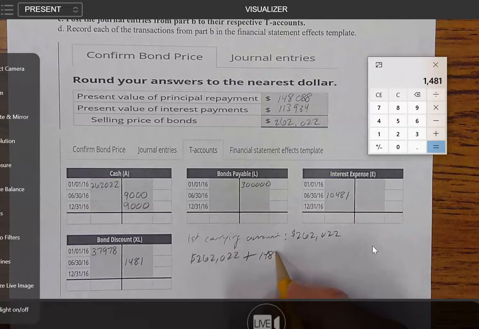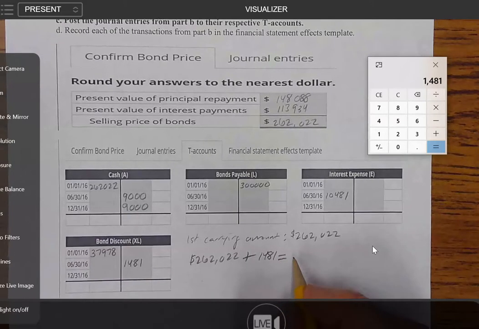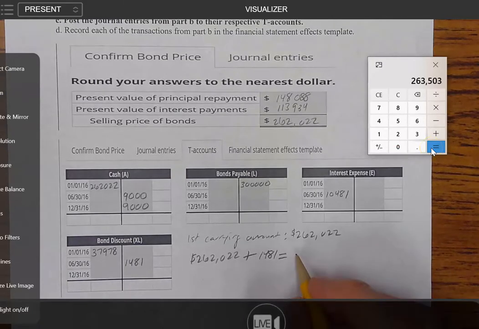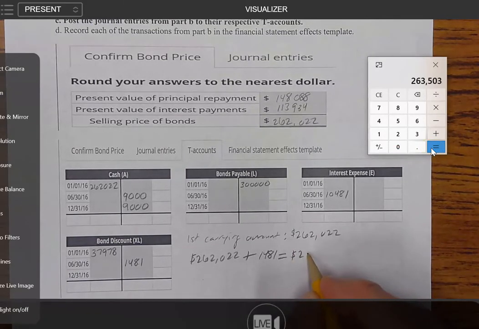We're trying to work our way up until we have a carrying amount equal to the amount of the liability. And so it's going to take us a while to get there. And we're not going to get there because we don't have to go that far. But 1,481 plus 262,022 equals 263,503. Okay, so that's our new carrying amount.